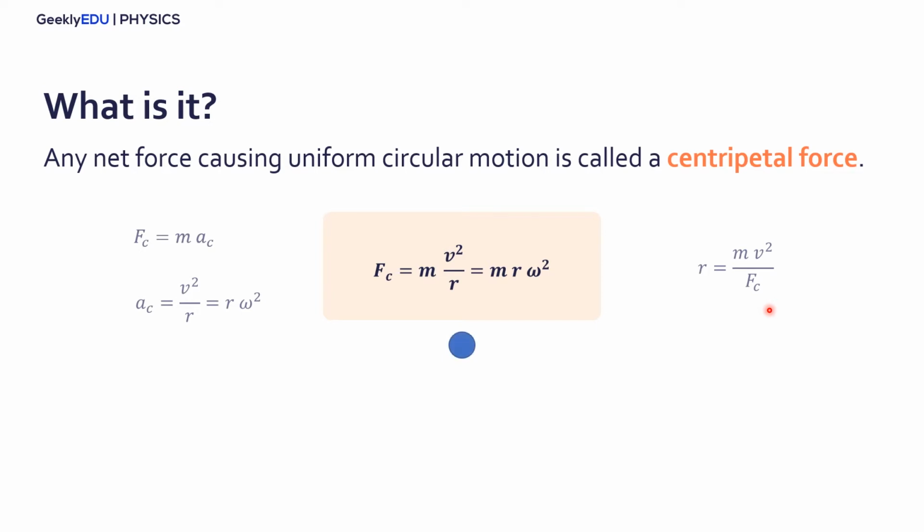So if we have an object performing a circular motion at a certain constant velocity, we have a certain radius. However, if we decrease, for example, the centripetal force, the radius will increase, all right? And the inverse is also true, right?